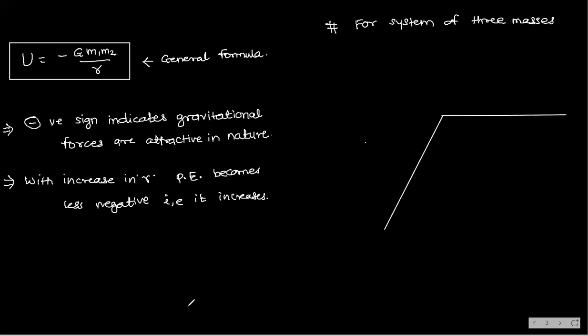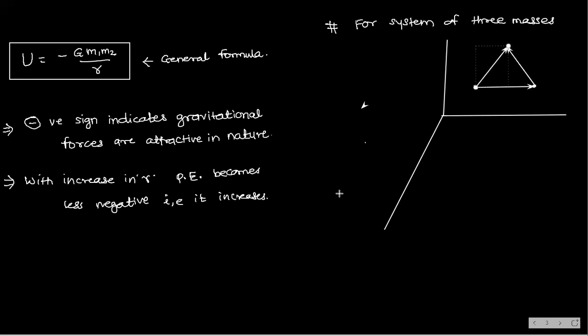Now see here, for three mass system, what we can say? For system of 3 masses, something like this I am taking. This is 1, 2 and 3. So ये देखो 1, next this is 2, and this one is 3.